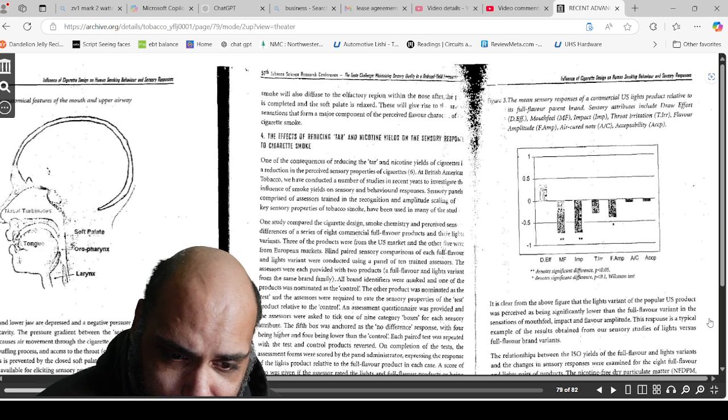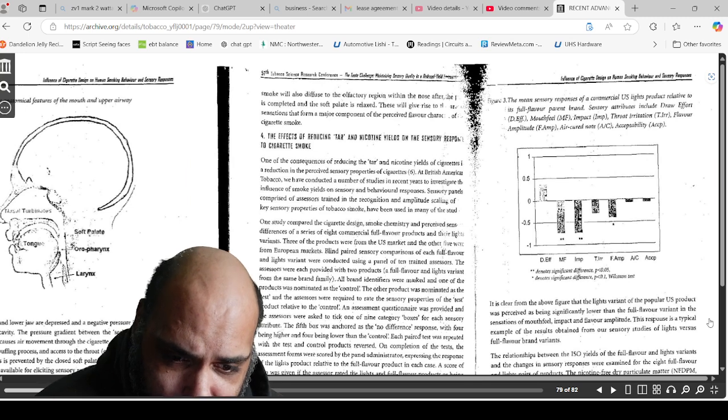The assessors were asked to tick one of the 9 category boxes for each sensory attribute. The 5th box was anchored as the no difference response, with 4 being higher and 4 being lower than the control. Each paired test was repeated, with the test and control product reversing.